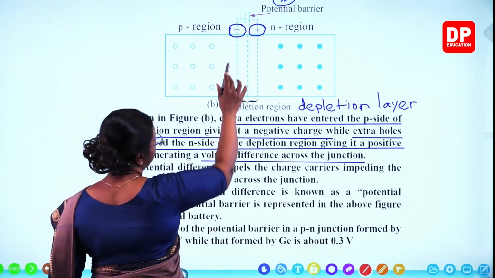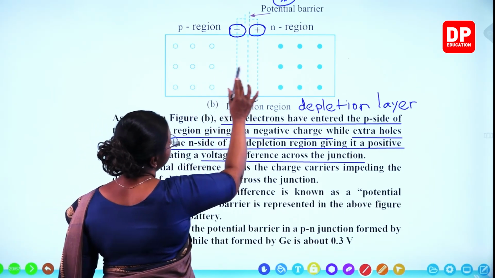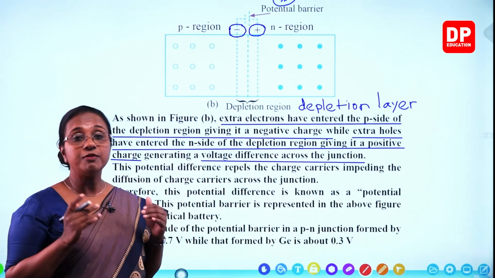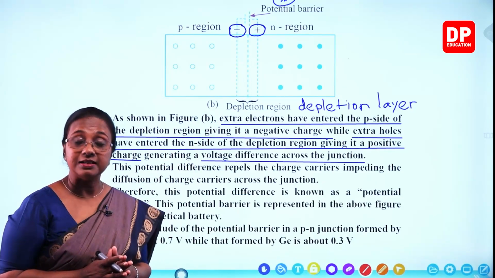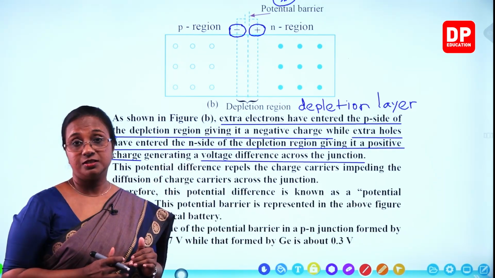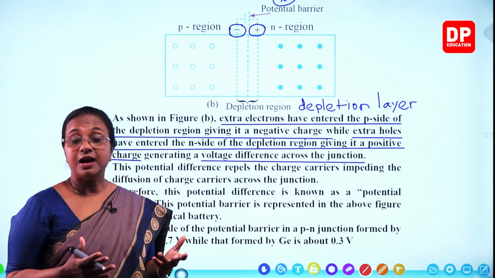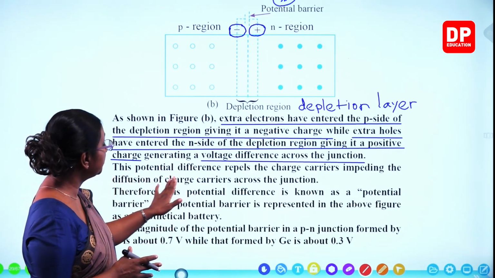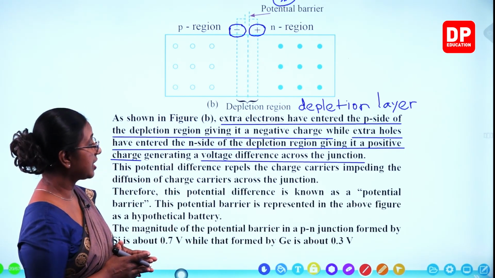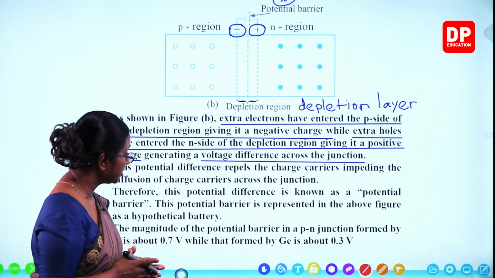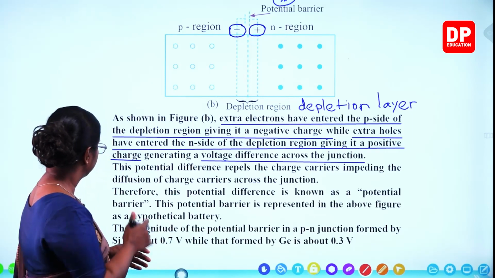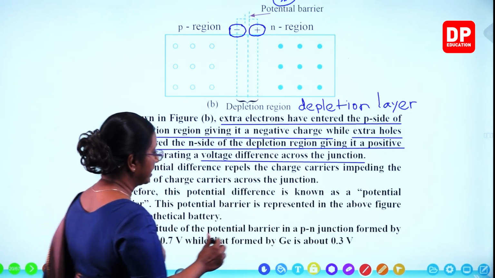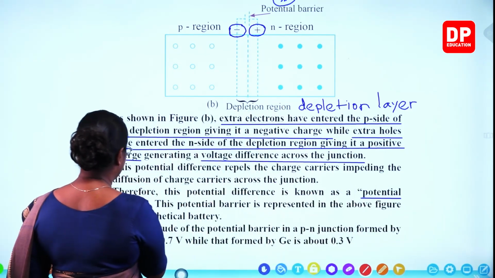So this particular potential barrier does not allow holes to go that side and electrons to come from there to here. They prevent the movement of charge carriers, that is holes and electrons, across the junction. So because of that, it becomes a potential barrier. Is that clear to you all? This potential difference repels the charge carriers, impeding the diffusion of charge carriers across the junction. So this is important. Therefore, this potential difference is known as a potential barrier.